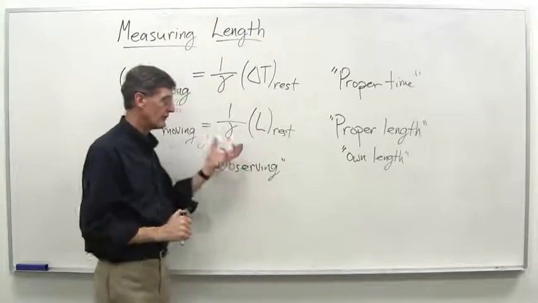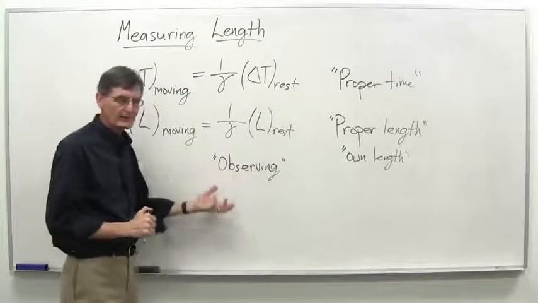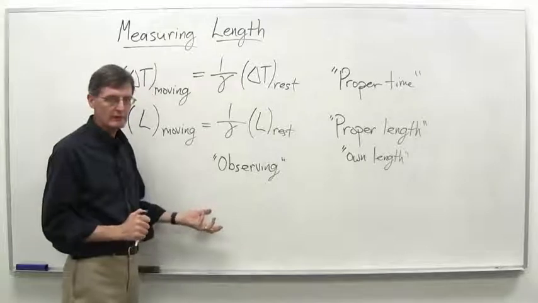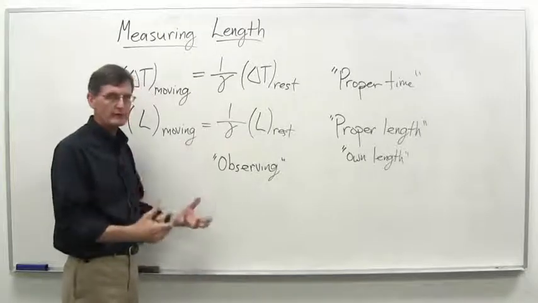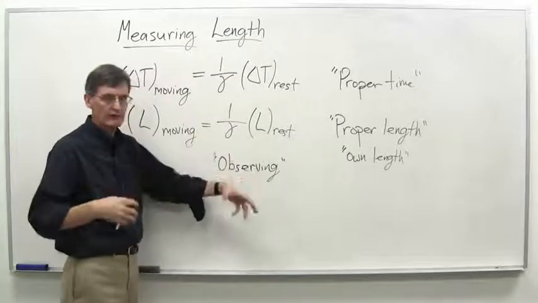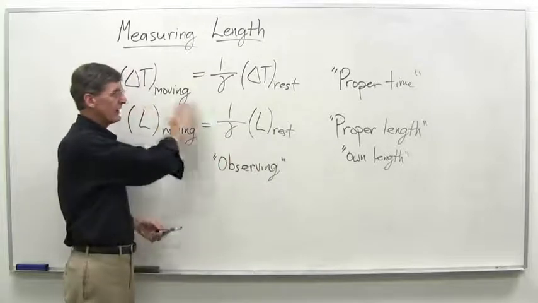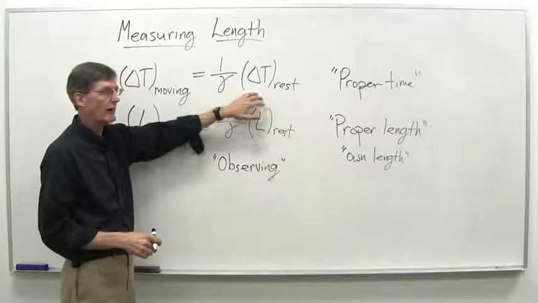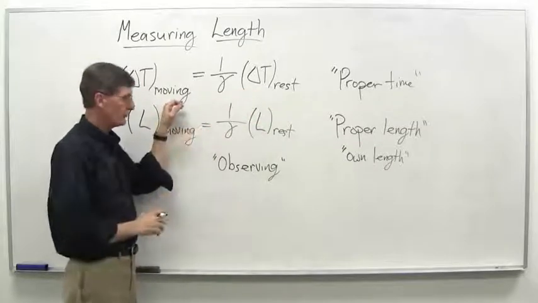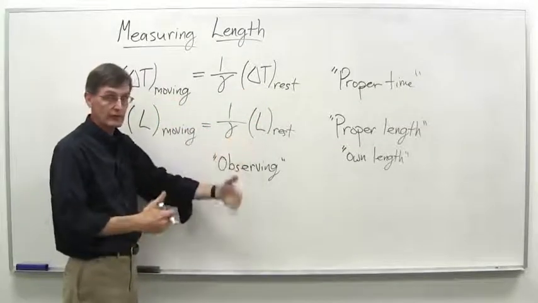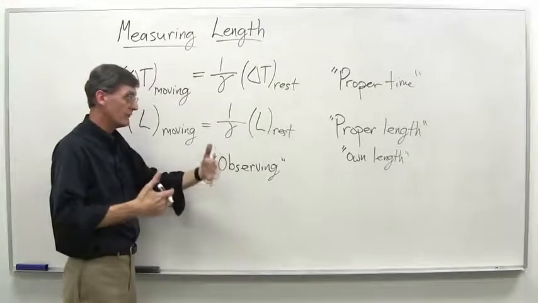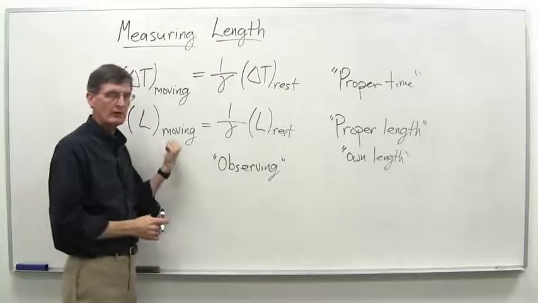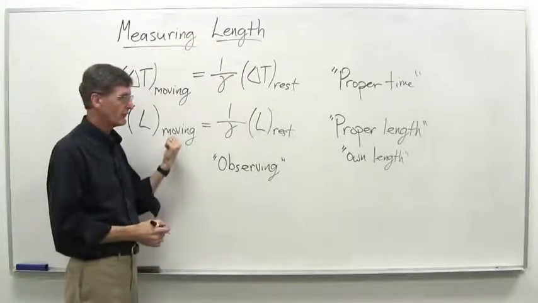So these concepts are correct in terms of our analysis, and they're well supported experimentally. And if we talk about an observation being made in terms of our lattice of clocks and our photo principle, yes, it is absolutely true that a clock at rest will keep different time compared to a clock that you see moving along, and the length of something at rest will, if you put that in motion and then watch it go by, you will actually measure a different length for that.